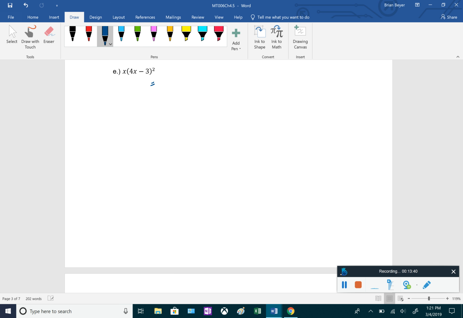Okay, so what I'm going to do for this one, x times 4x minus 3 squared, I'm going to leave the x out front, and then in parentheses, do 4x minus 3 squared. So it's going to be 4x in parentheses squared minus, so we're subtracting, so minus 2 times both of them multiplied together plus the last one squared.